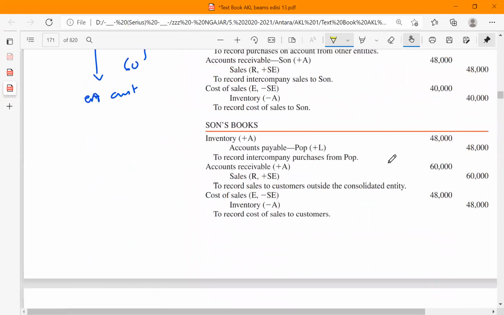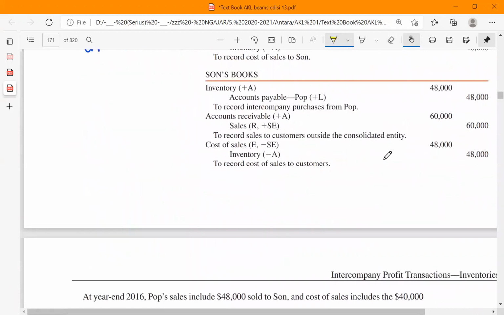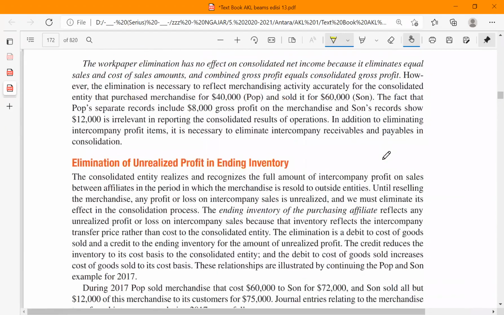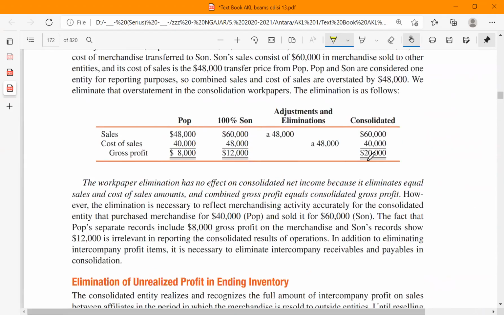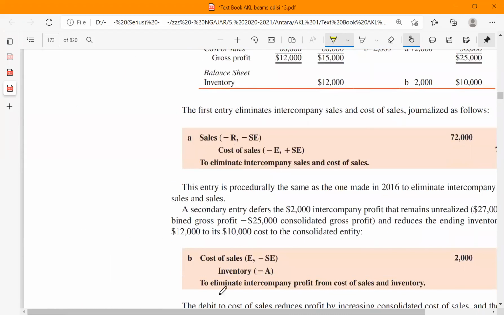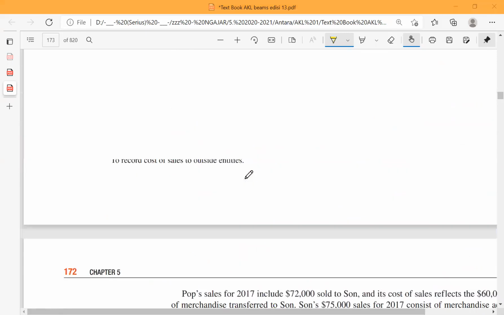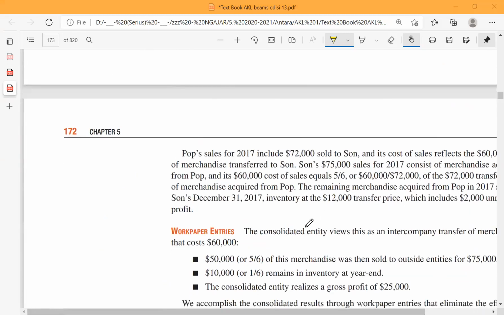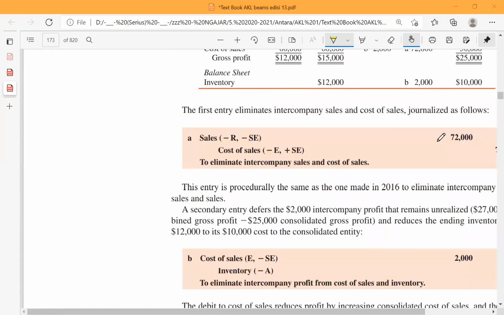So the first consolidated journal entry should be sales and cost of goods sold. This is another example, that's why the number is different.